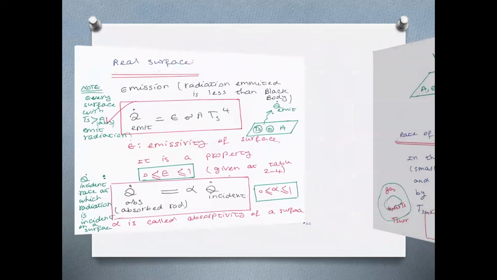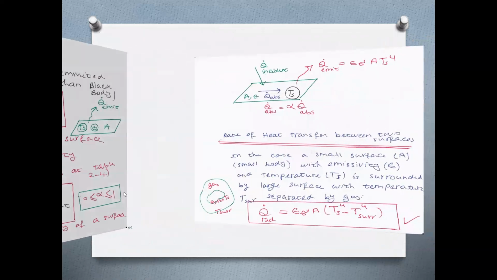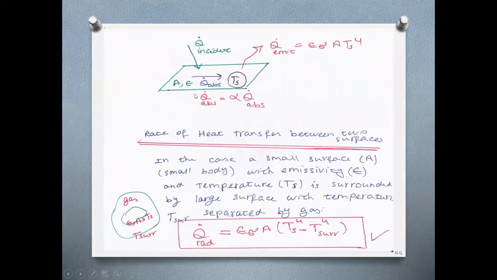So let's go to the next slide. I'm going to go back here. See, if this is a surface, right? From the rest of the world, if this surface, for example, is the blackboard, it receives radiation from you, from me, from the floor, from the ceiling, from the walls, from everything. So there is incident radiation on each surface. So that is the rate of incident radiation on the surface, right?